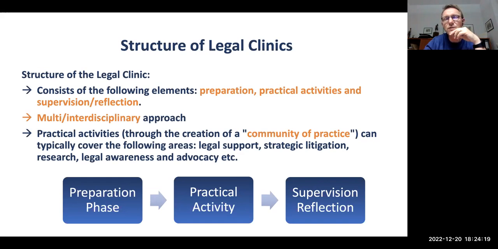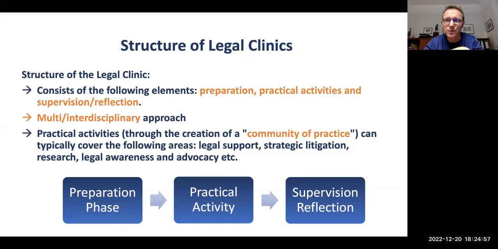Let me just say, often what I experience is, and hopefully it comes also from the experiences of the different places, is that you create practically a sort of community of practice. Students in small teams are this kind of community of practice, together with supervisors at times, creating this kind of community, which actually creates also quite an interesting learning experience, but also an experience which often creates a dynamic of activism.